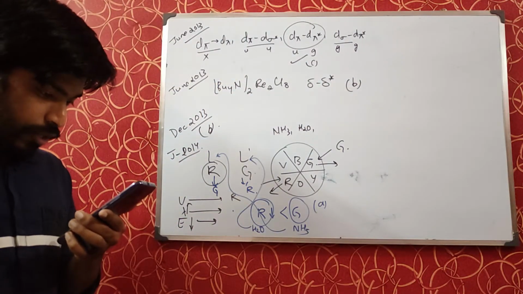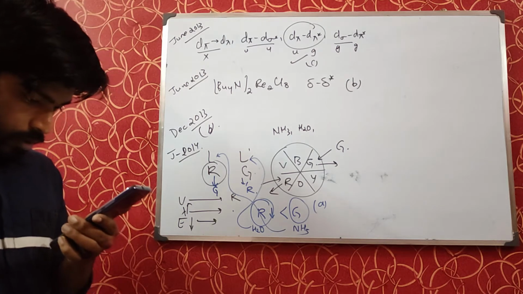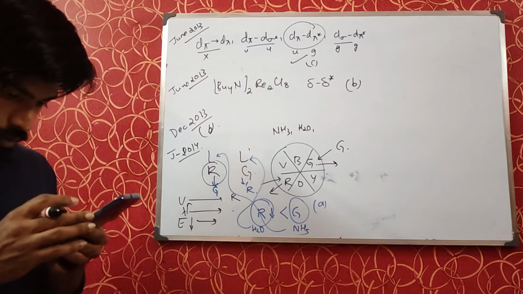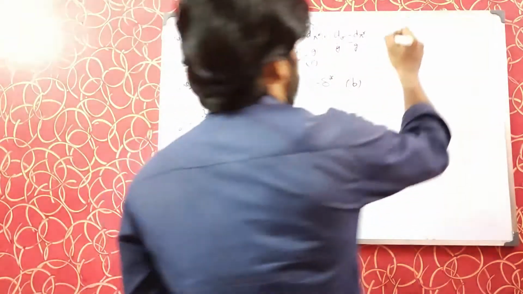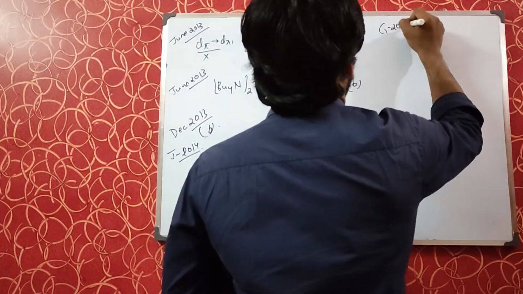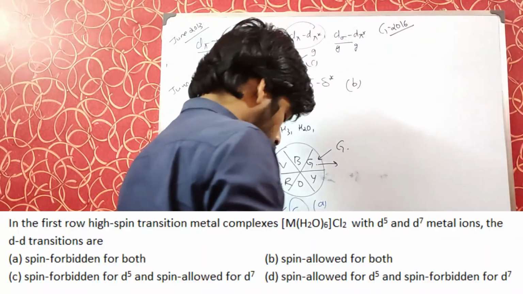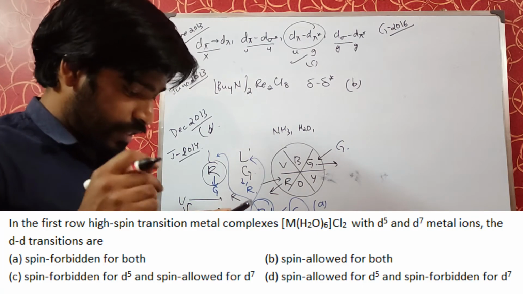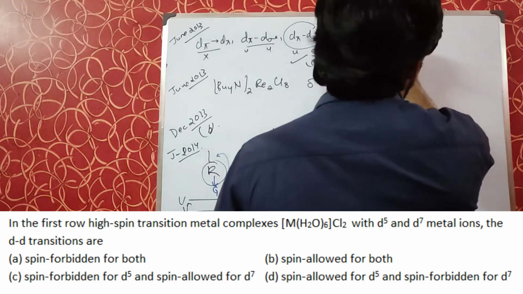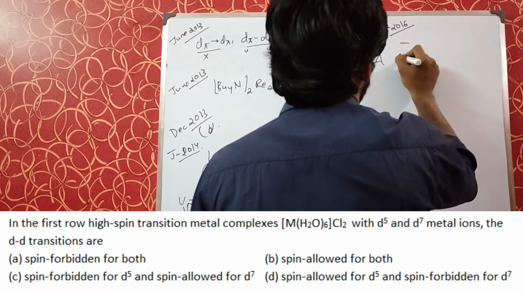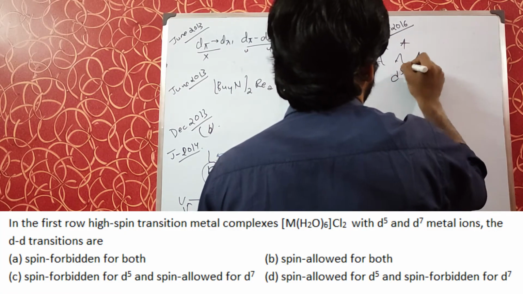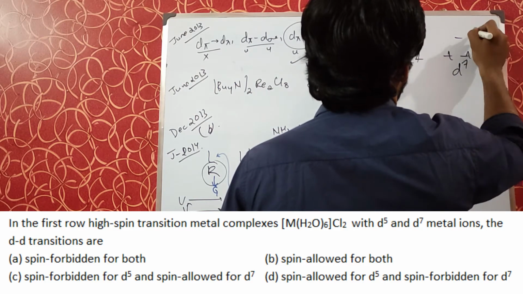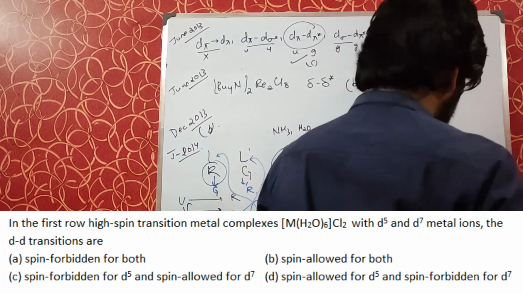Okay, next we have from GATE 2016. The question says in the first row high spin transition metal complexes with d5 and d7. So we're talking about high spin d5 and d7.